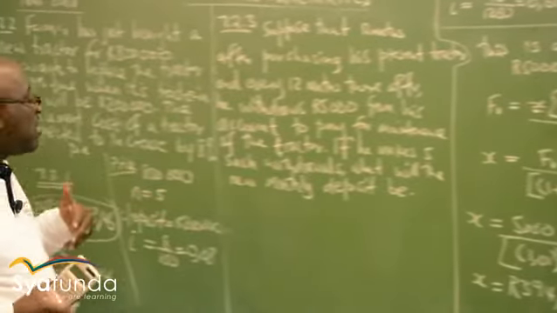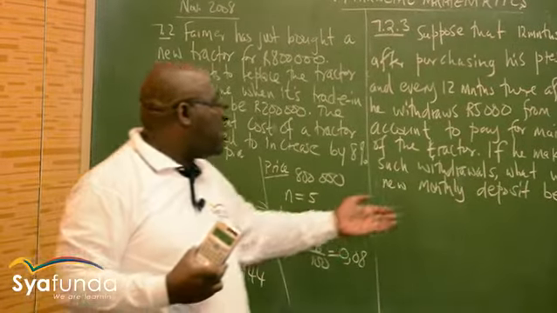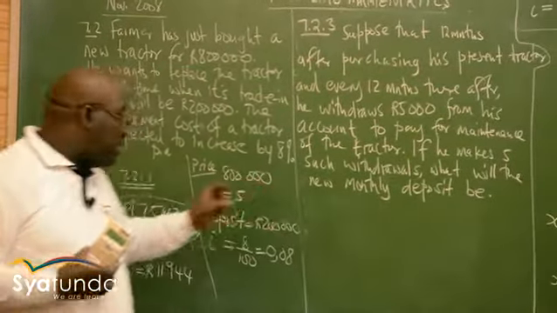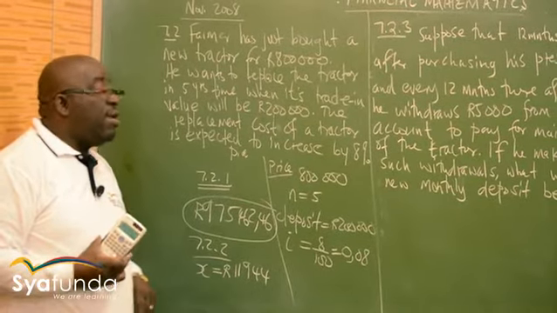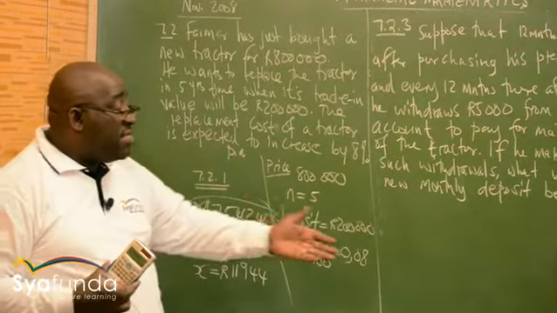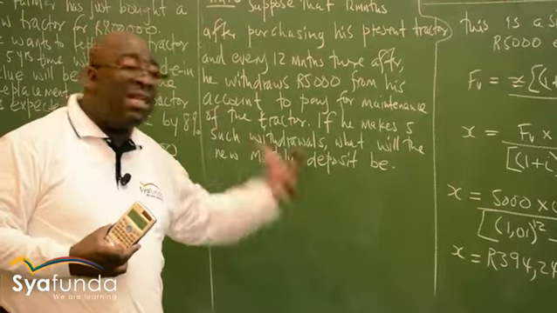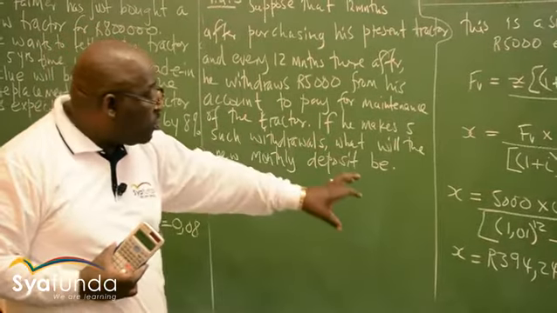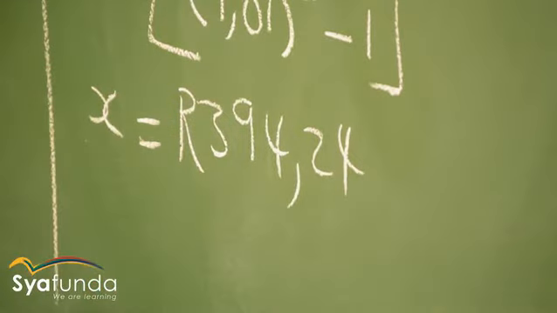Remember, the question is looking for the new total monthly deposit. Before this, the money that we were depositing was 11,944. Now we are adding the 394 rand 24 cents for the maintenance of the car. We need to cater 394 rand every month, so that at the end of the year we are going to get the 5,000.